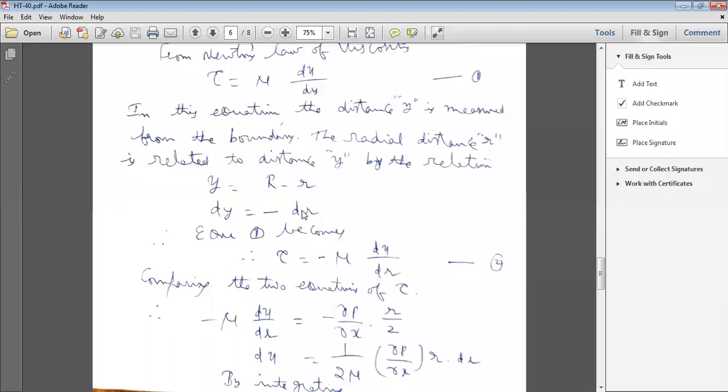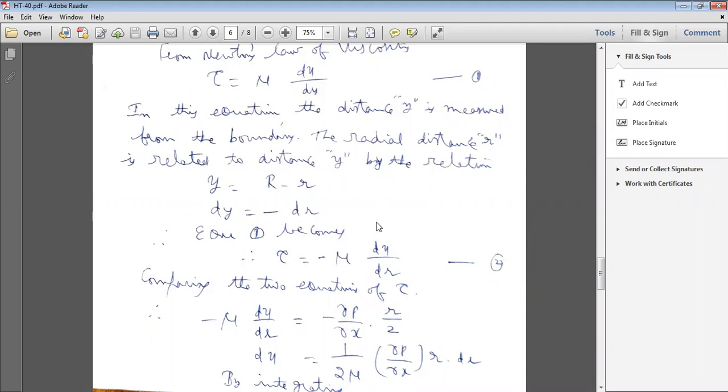Minus dr, because small r is the variable along the y direction. So if you differentiate both sides, dy is equal to 0, assuming R is constant, minus dr.